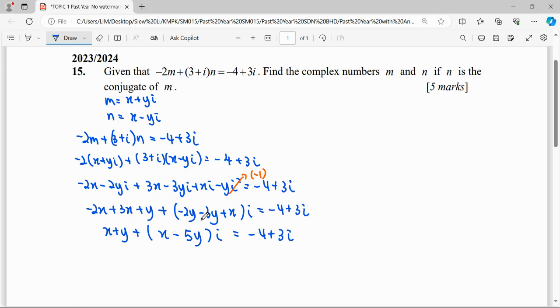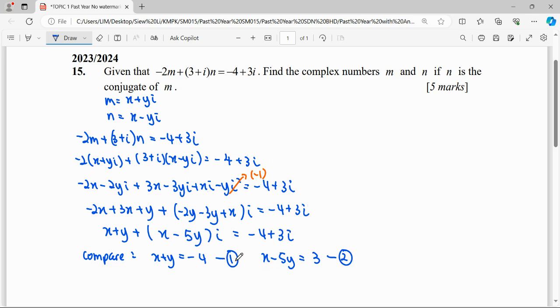Then we compare for the equality of the complex number, which means we can see the real part x plus y is equal to negative 4, for the first simultaneous equation, and then x minus 5y for the imaginary part is equal to the value of 3. So this is our second equation.